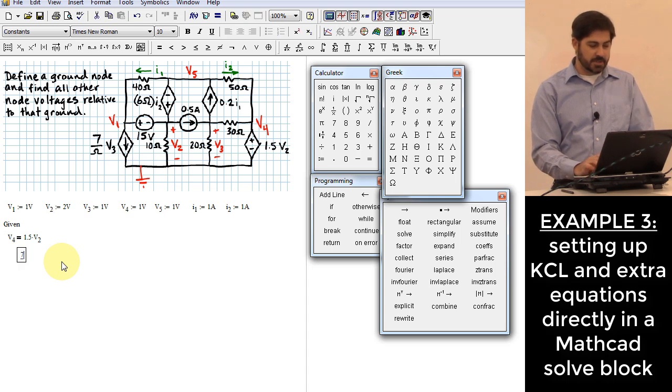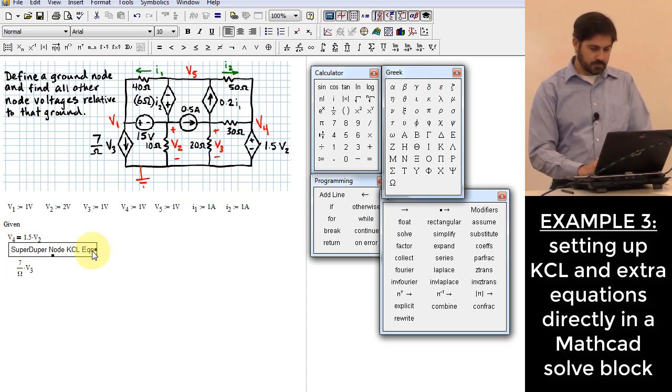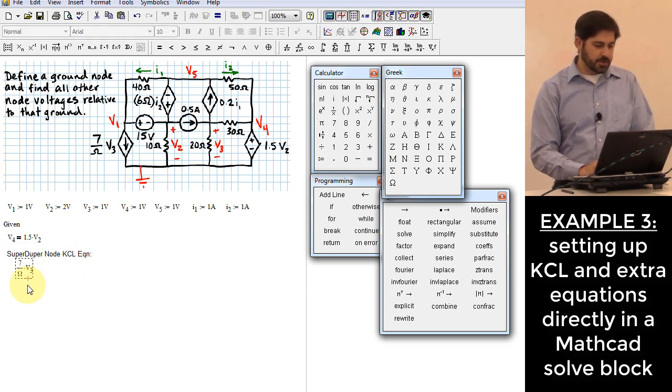Exits, so I'm going to put 7 over ohms times V3. So this is my, I'll put a label up here. This is my super duper node KCL equation. Okay. 7 over ohms is the first term that I have right there.